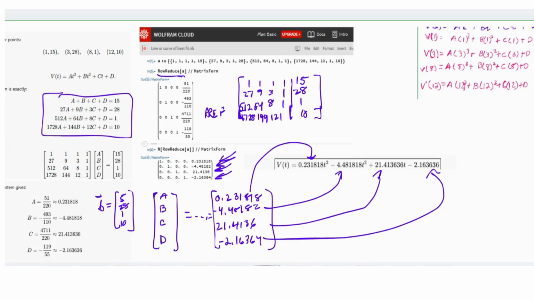Do you have your TI-84 on you? Yes, I do. Okay, so here we go. What's really important is I want you to press second on your calculator.